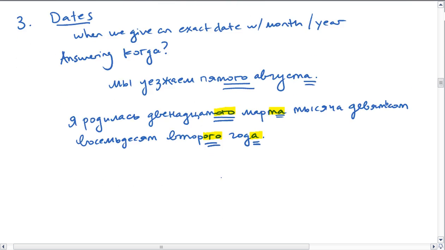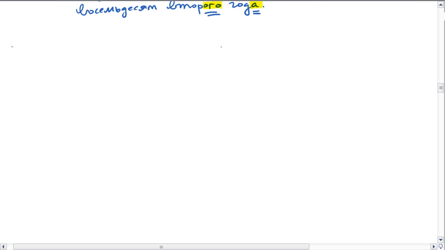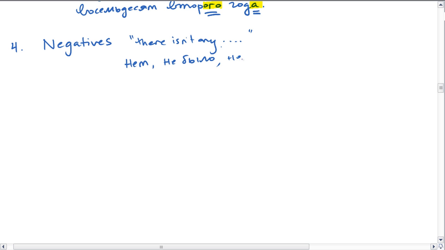We use the genitive case, and this is a big one, with negation or with negatives. We use the genitive case when we're saying there isn't any of something, or there wasn't. So we use it after нет, не было, and не будет.